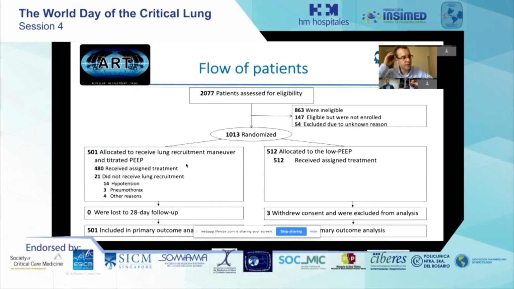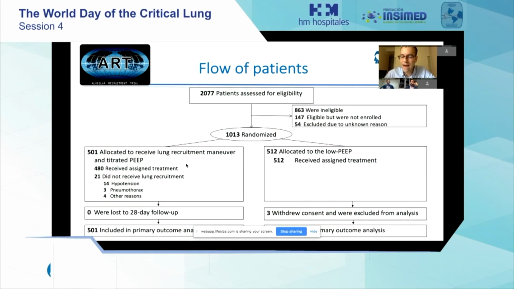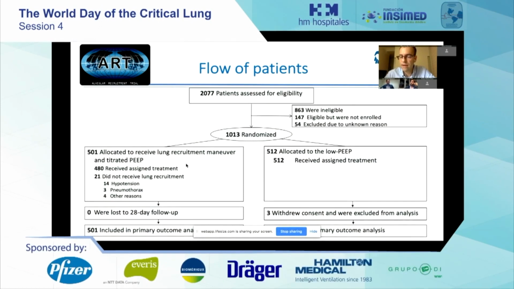So from the initial patients, about 40% of those that had moderate to severe ARDS were actually enrolled, because after this period, many patients' PF ratio increased to more than 200 and they were not enrolled.